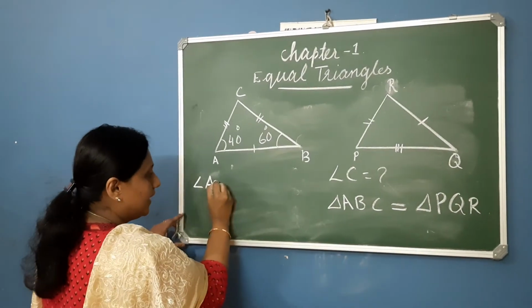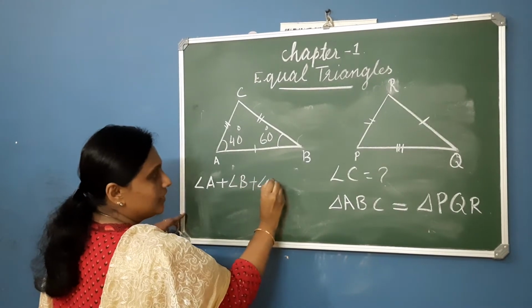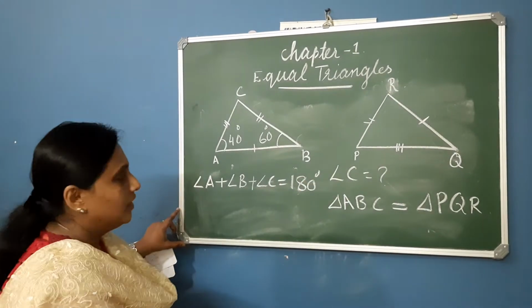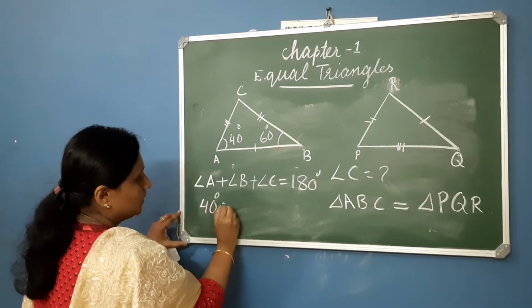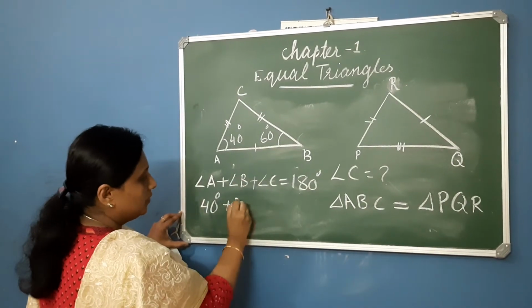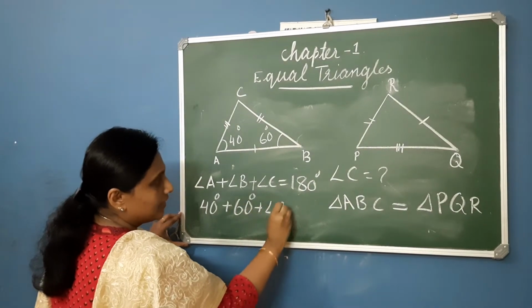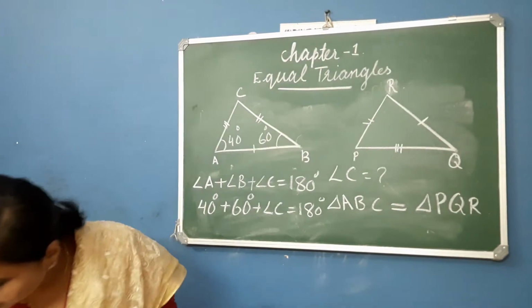So angle A plus angle B plus angle C is equal to 180 degree. That is, angle A is equal to 40 degree plus angle B is equal to 60 degree plus angle C is equal to 180 degree.